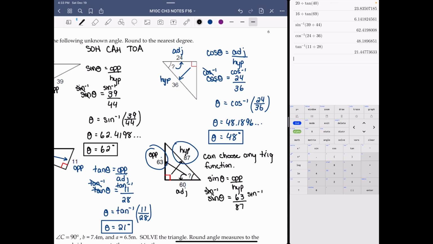Sine inverse and sine cancel out, so I get theta equals sine inverse of 63 divided by 87. Calculate that. Second, sine in brackets 63 divided by 87. We get 46.3971, which to the nearest degree would be 46. Theta equals 46 degrees.